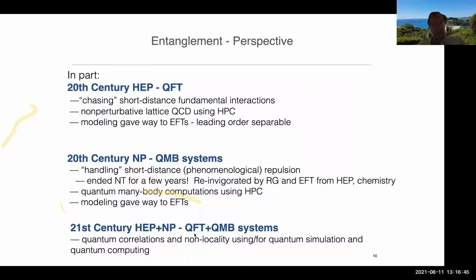Okay, so if one reflects on where we've been and then thinks about where we're going, in the 20th century for high energy physics, it was really about chasing short distance fundamental interactions. Part of it was using the fact that the operator product expansion works, is convergent in many instances.